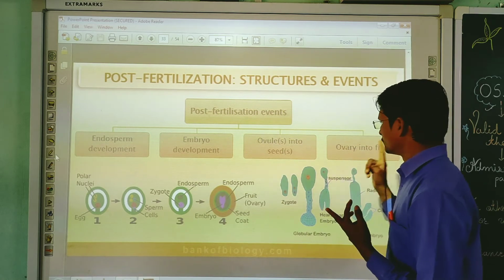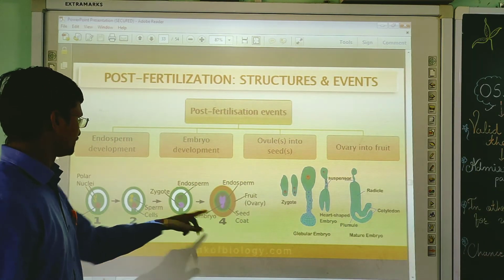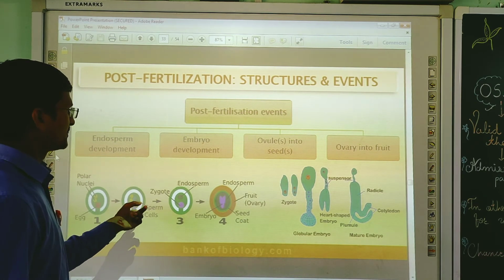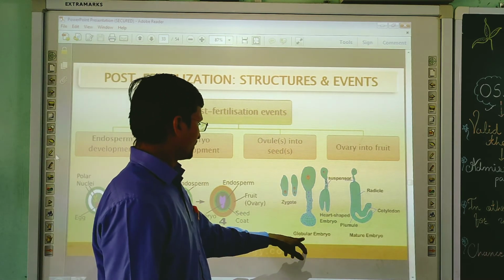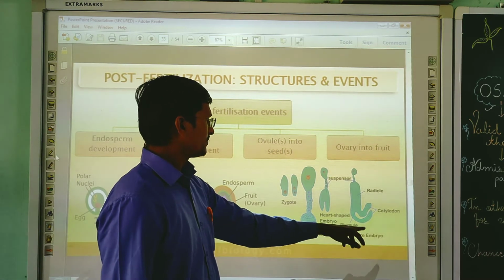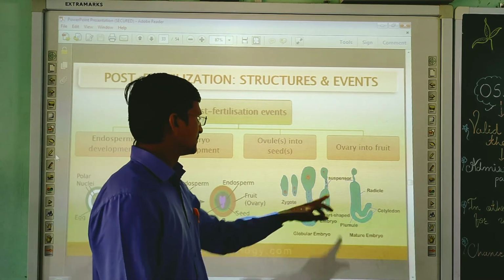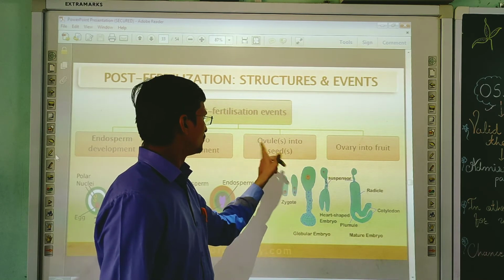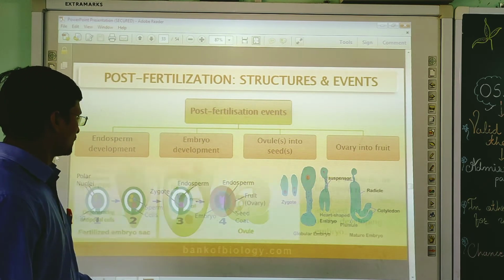So you need to understand this: steps 1, 2, 3 and 4. This is endosperm development and embryo development. After that, the globular embryo and mature embryo, with cotyledons, radicle and plumule, ovule to seed and ovary to fruit. That we need to remember.